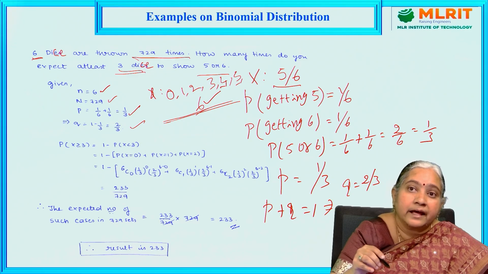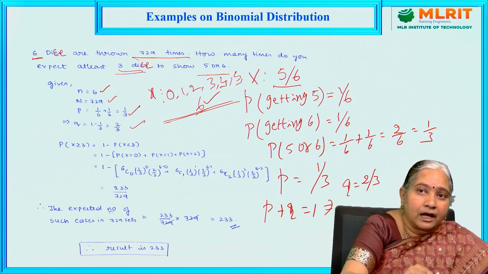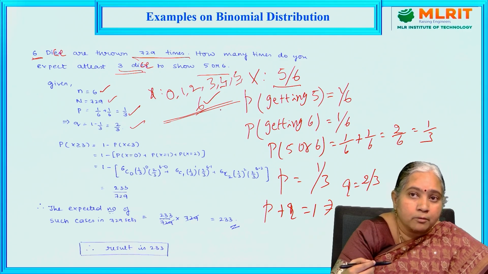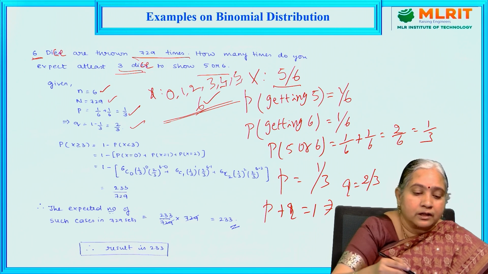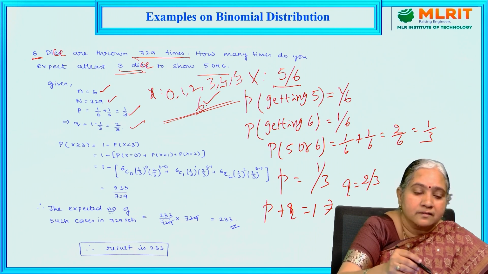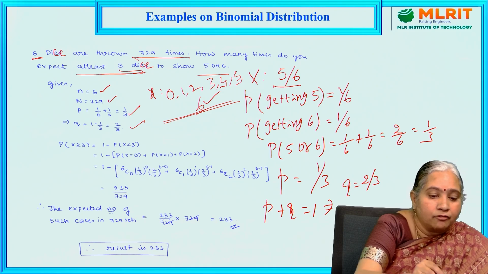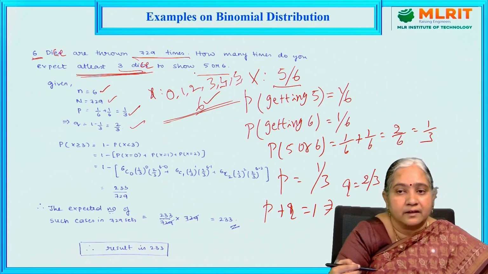Since 6 dice are thrown, X takes the values from 0 to 6 from the definition of probability mass function of binomial distribution. But we have to find the probability of getting at least 3 dice to show 5 or 6.